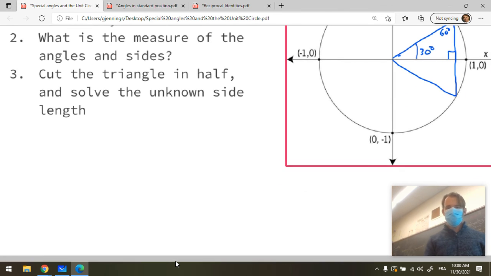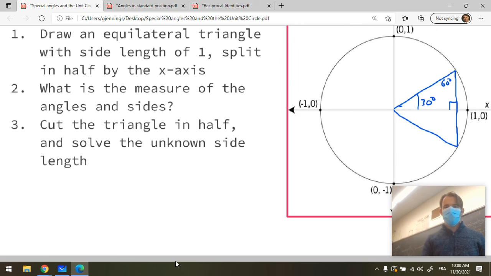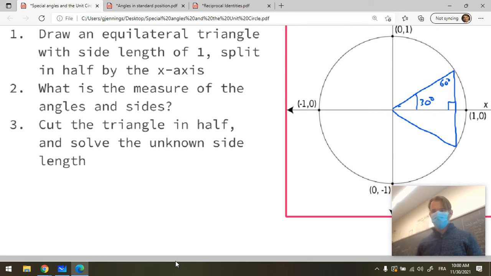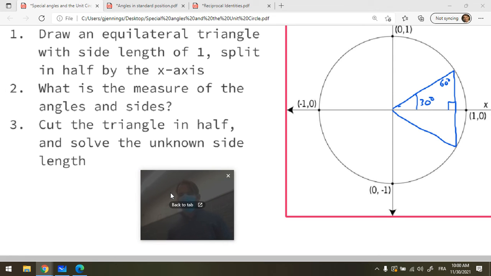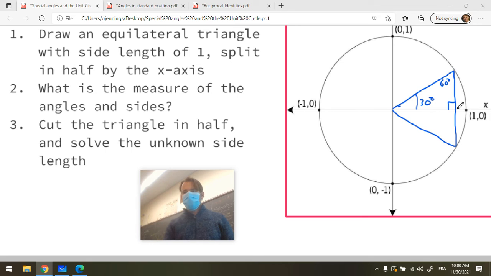And it's a very special triangle. It has a very special property with its sines and cosines. And we're just going to take a look at that now. Here, how big is this side? Well, I know that this side length is 1. It's an equilateral triangle.